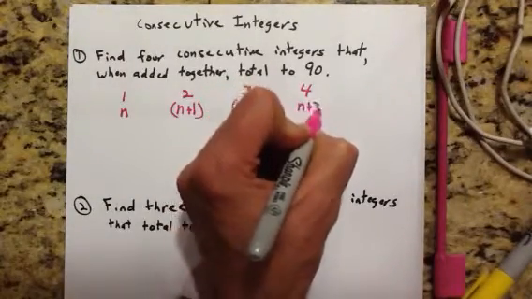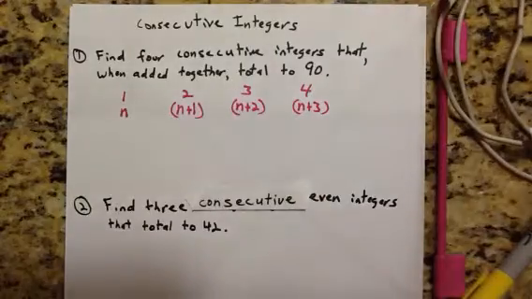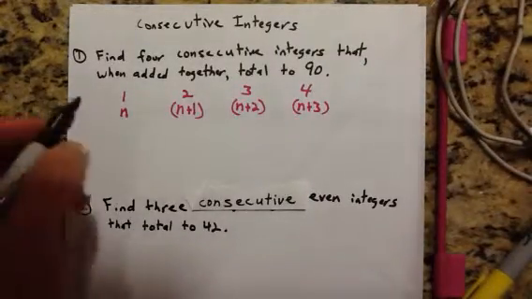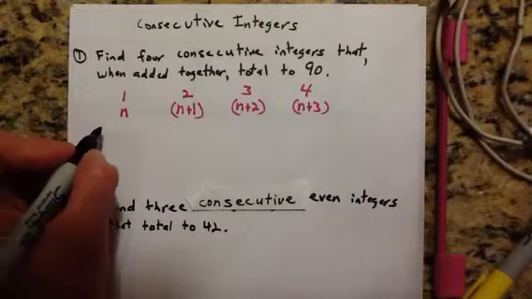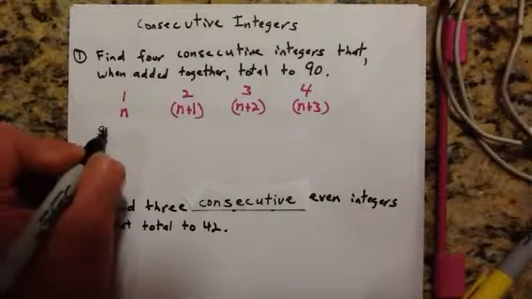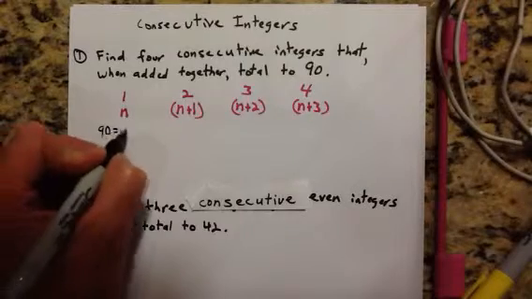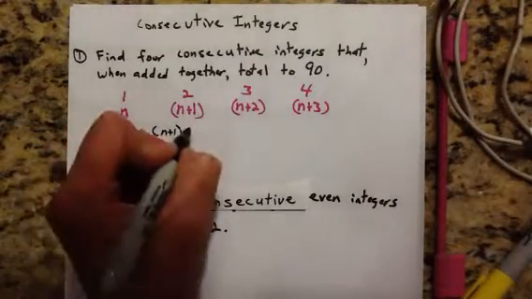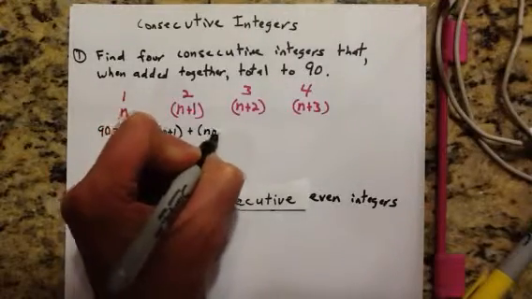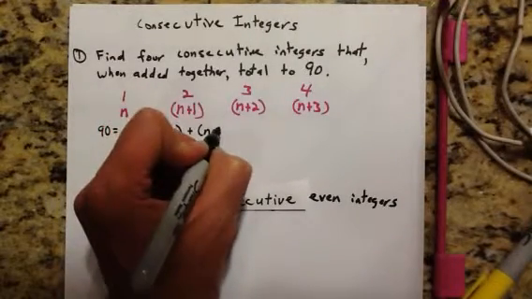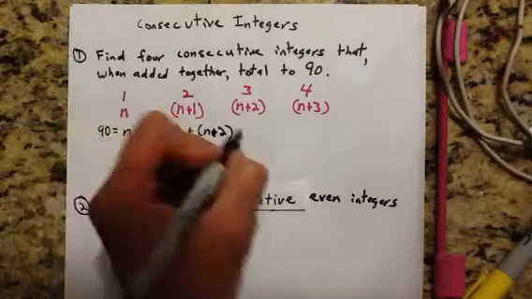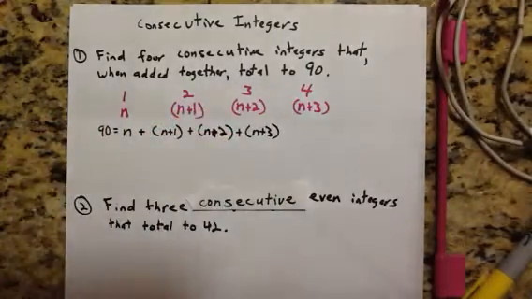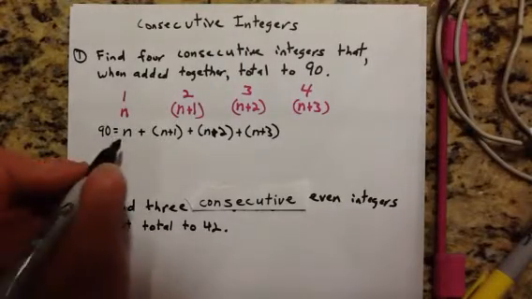So, by using those simpler numbers, we now know what our variables need to be. So we have 90 equals n plus n plus 1 plus n plus 2 plus n plus 3.